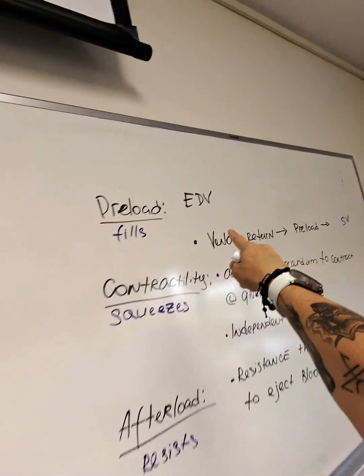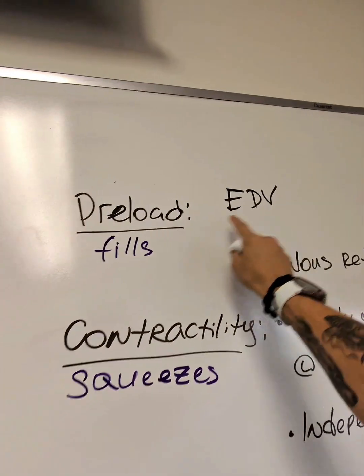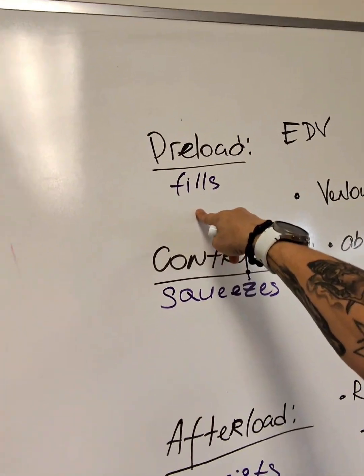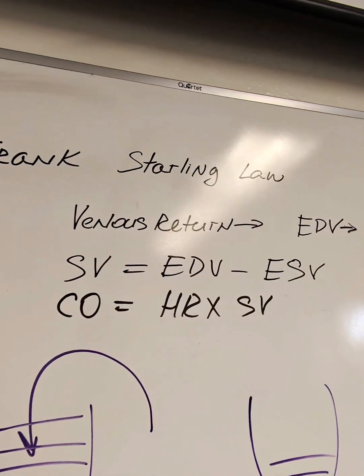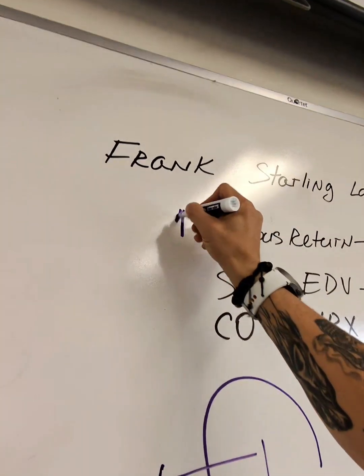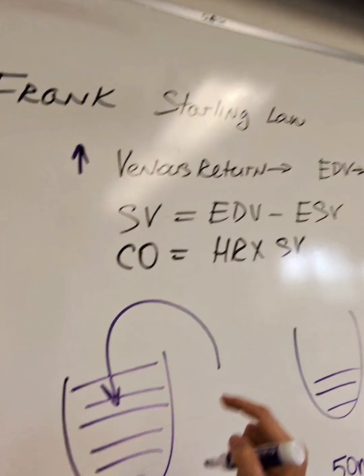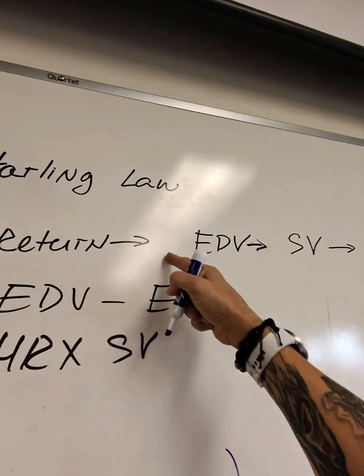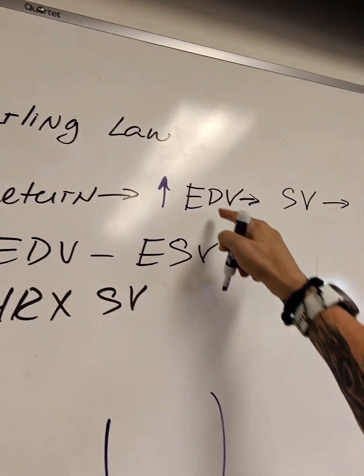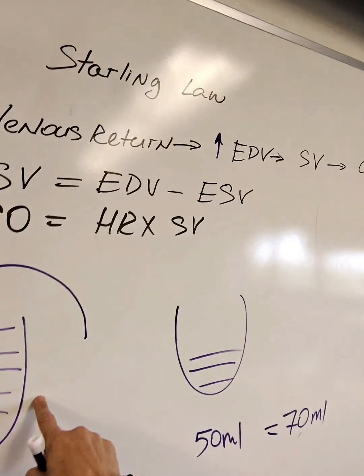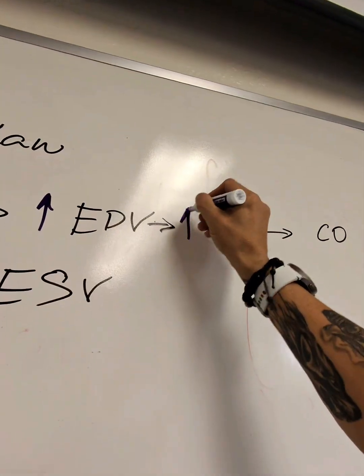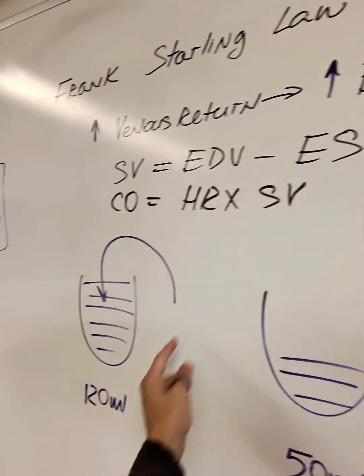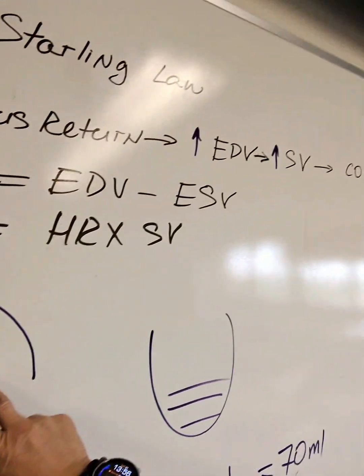The preload and diastolic volume: how much blood fills the ventricles. So if you have increased preload, venous return, that leads to an increase in diastolic volume, the amount of blood that fills the ventricles. That leads to increased stroke volume. It depends on how much blood is in here.